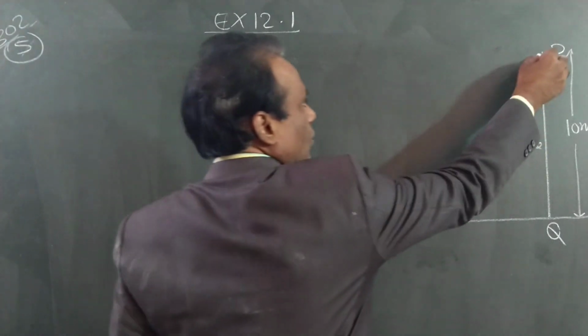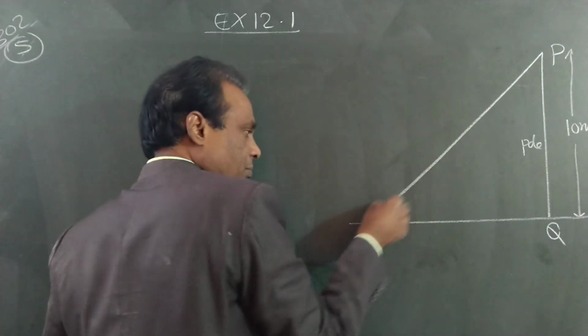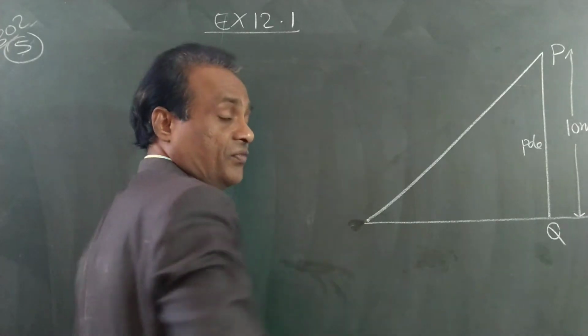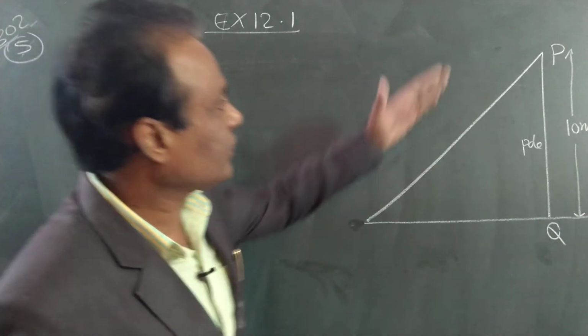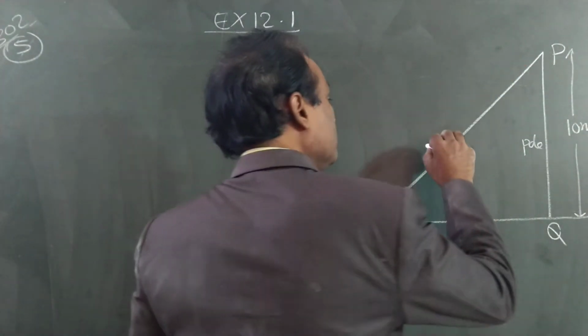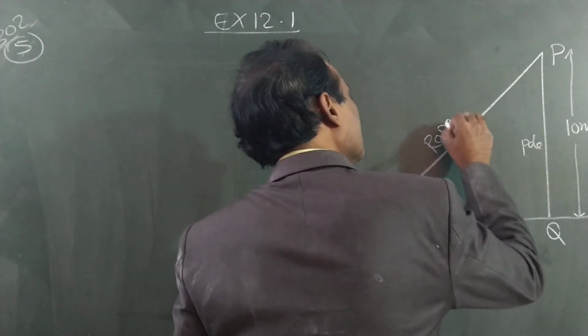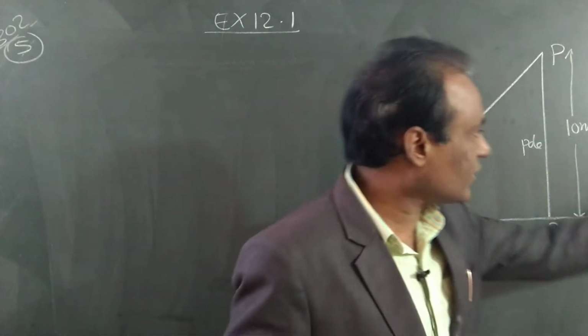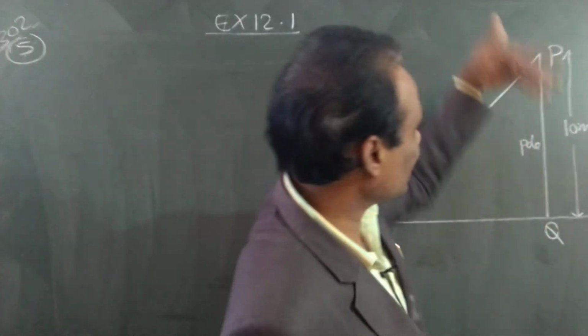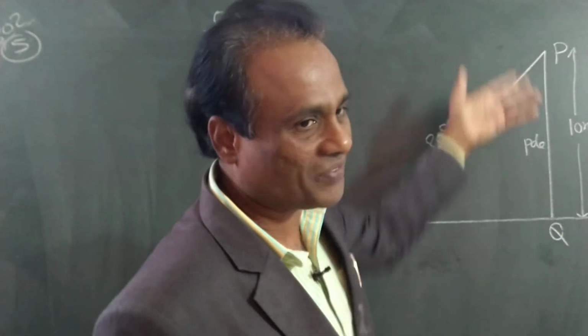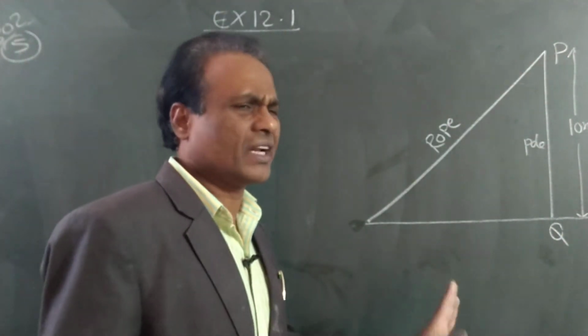So see here, one rope I am drawing, that is sufficient, because this is a 2D diagram, not a 3D figure. So this is a rope, this is the rope. Like this, another rope we may be tying on this side or that side, we can't draw. So there is no need.